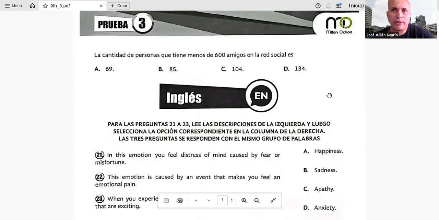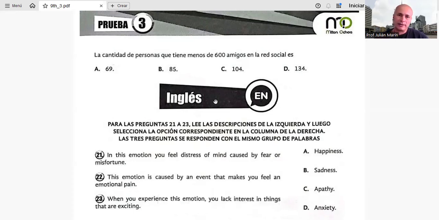Remember, that is the first thing you need to understand: identify what type of exercise you're solving. As you can see, in Pruebas Saber 11, the English section has different characteristics, different kinds of exercises. So that is part of the training.